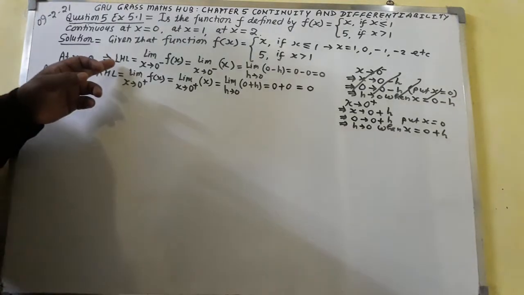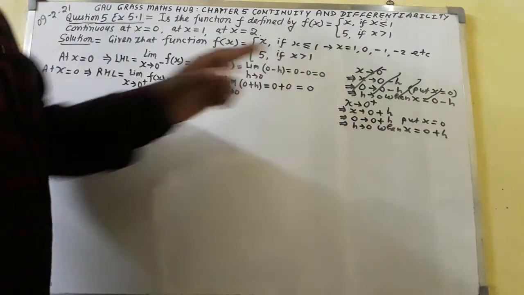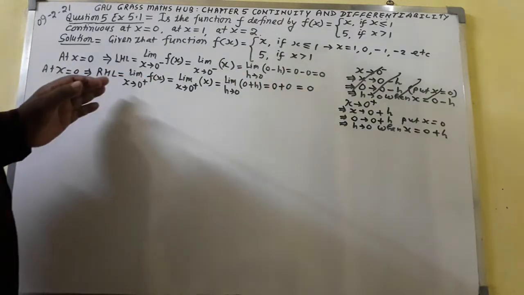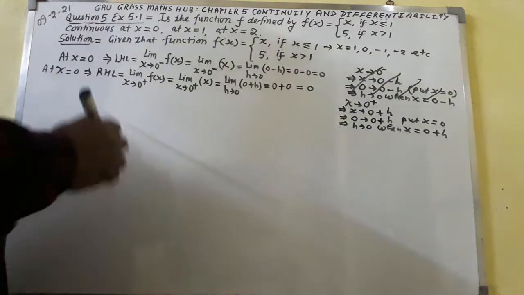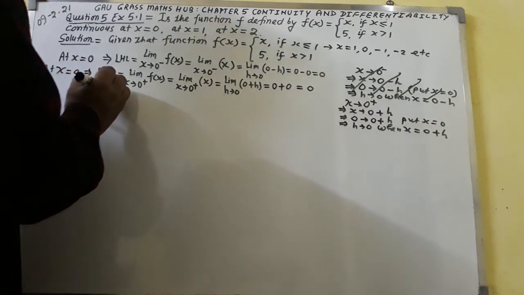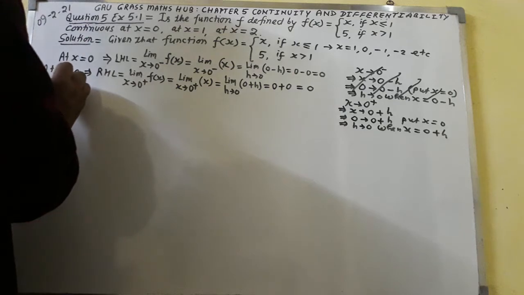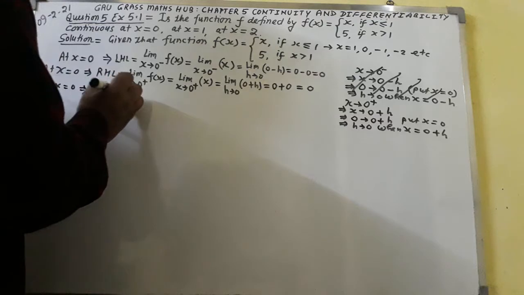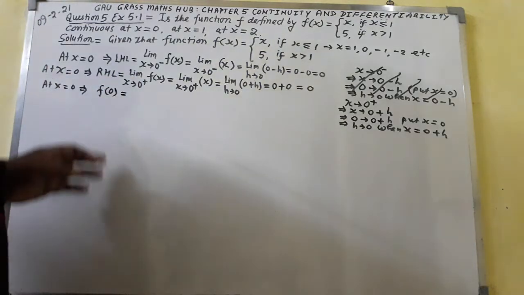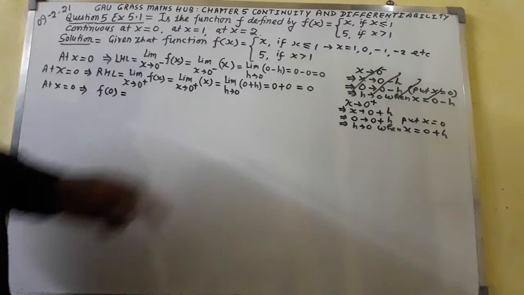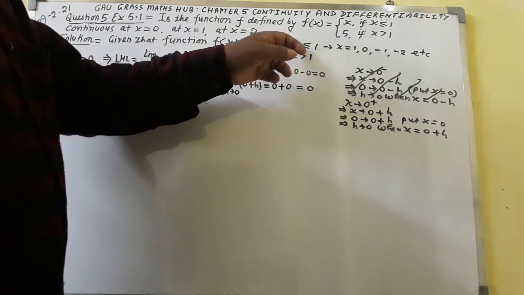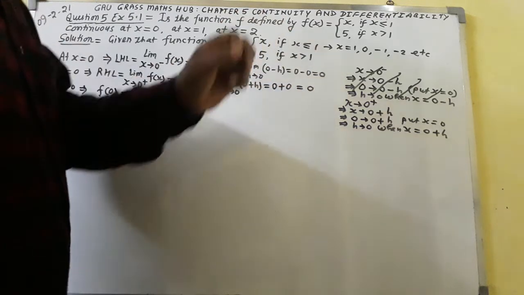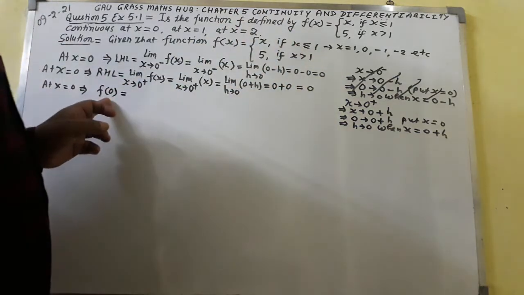So here you have got left hand limit equal to 0, right hand limit equal to 0, and again I shall show f of 0. The third point is I shall show at x equal to 0, that is f of 0. Here you can see x less than or equal to 1, so 0 is there.